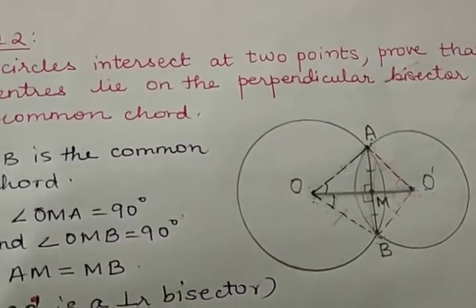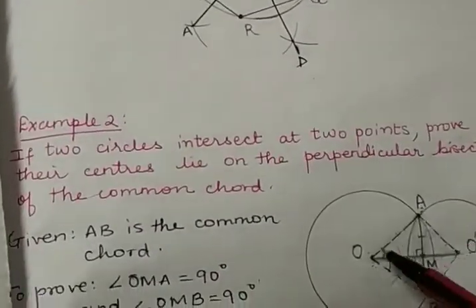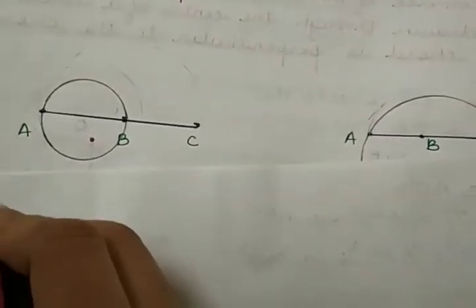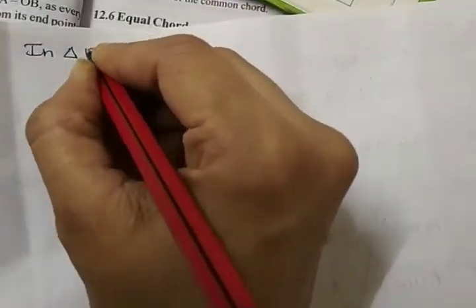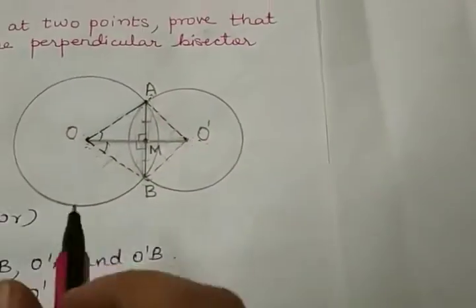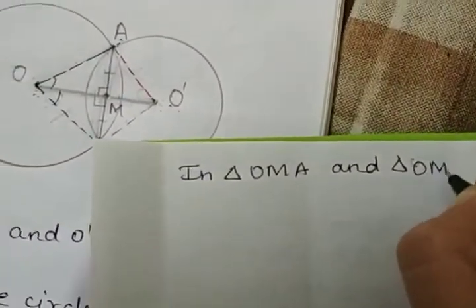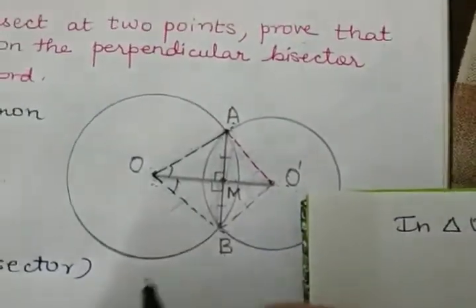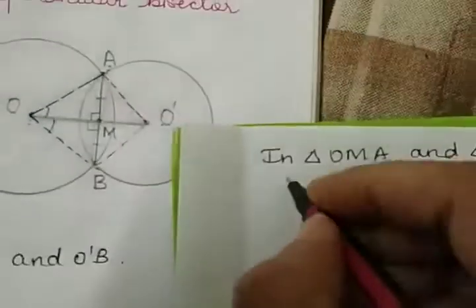Now let us proceed by taking these two triangles. So in triangle OMA and the other triangle OMB, let us see which are the equal. Now OA is equal to OB because they are the radii.